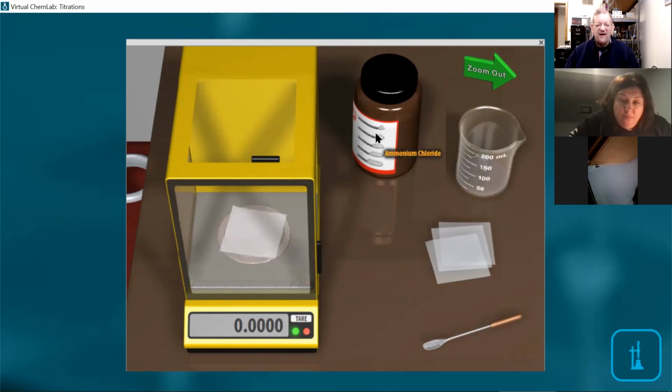Now here's the ammonium chloride. I'll click and open the bottle, take my spatula, oh, and click on the label and put some on there. Come on.